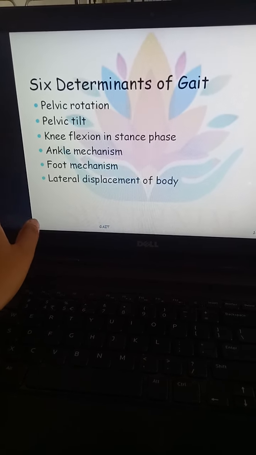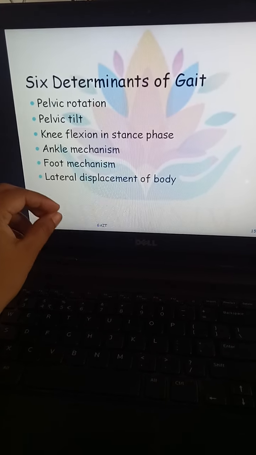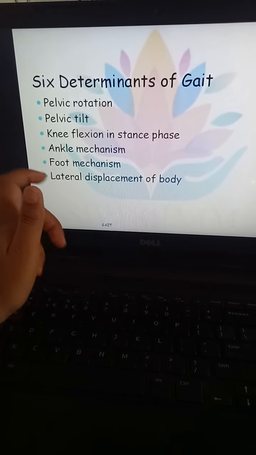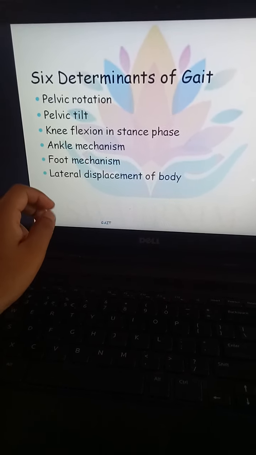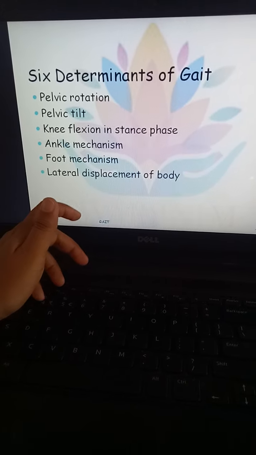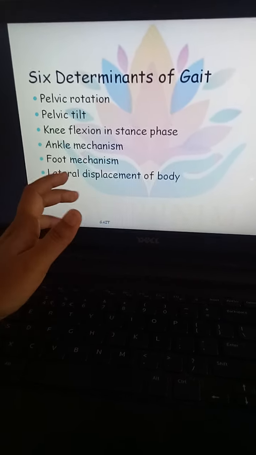Next is ankle mechanism. In ankle mechanism, we check the movement of the ankle, how much dorsiflexion or plantar flexion is occurring. Second is foot mechanism: whether the foot is in pronation or supination, which we have to measure.